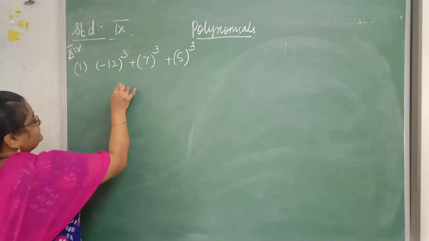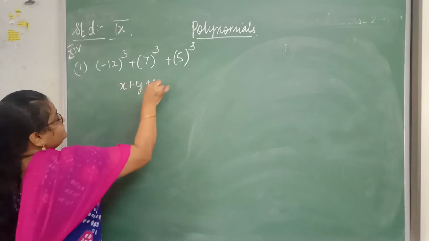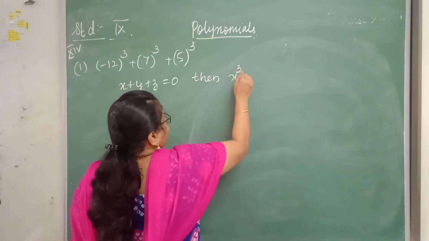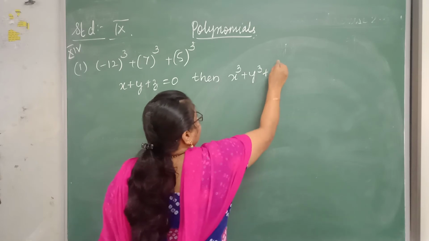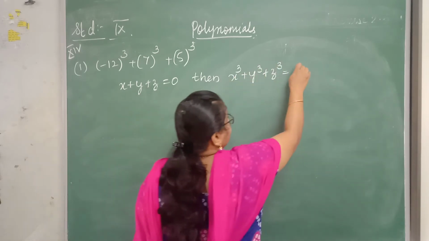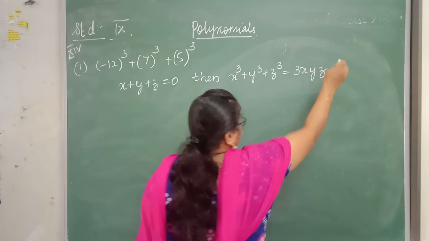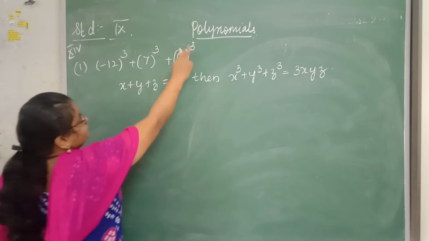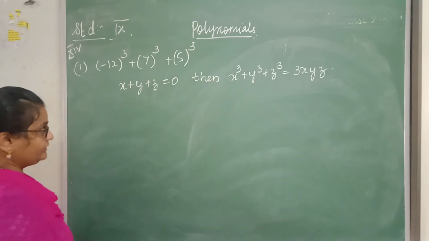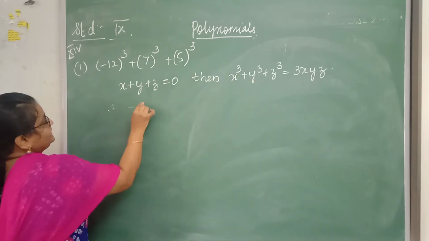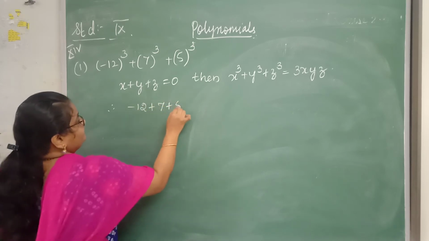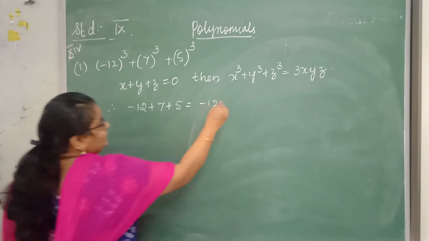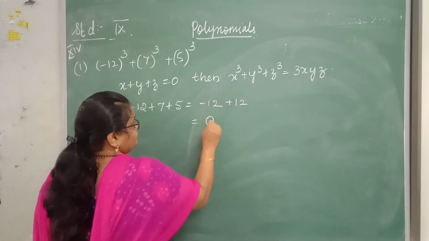In the earlier session, if x plus y plus z is equal to 0, then x cube plus y cube plus z cube was equal to how much? It was equal to 3xyz. Right? So first we have to check if this is equal to 0, then we can easily find out the value. Let me check. So minus 12 plus 7 plus 5: like signs are added, this is plus 12, minus 12 plus 12 is equal to 0.